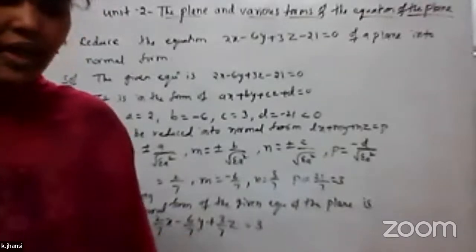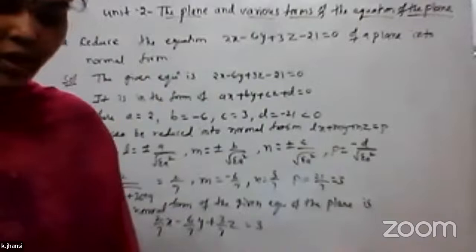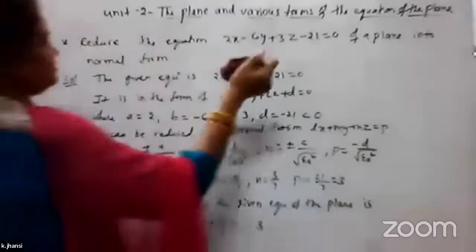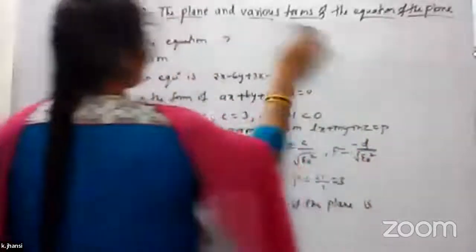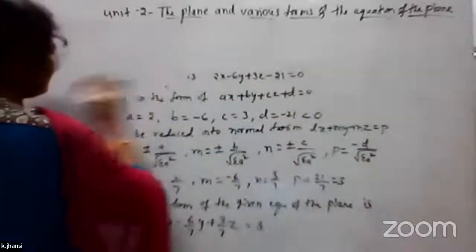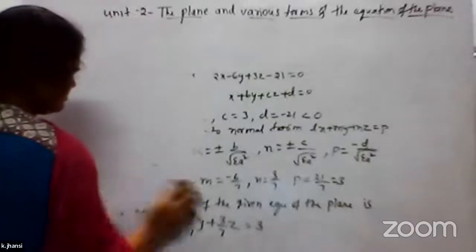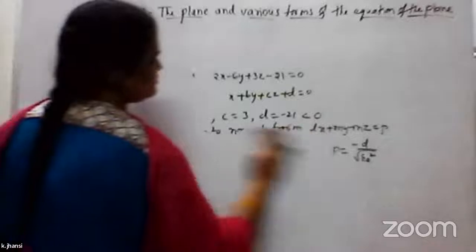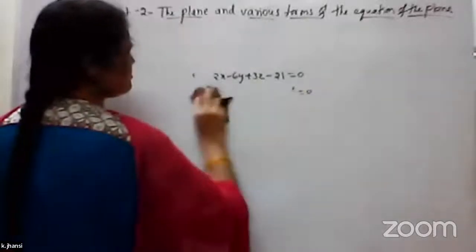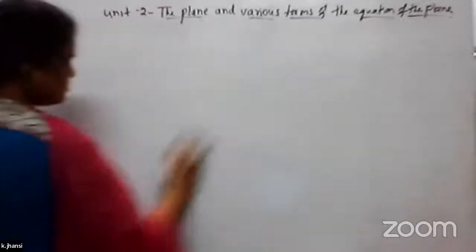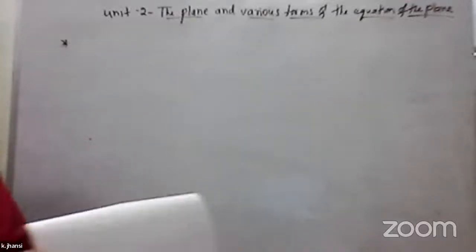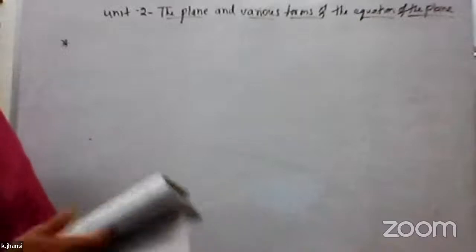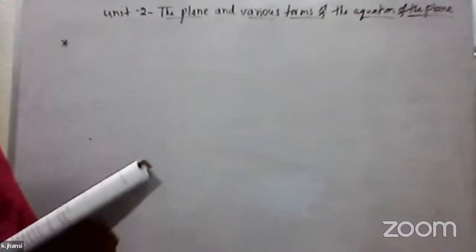Corollary is there, no? The length of the perpendicular from the point x1, y1, z1 to the plane is. For each and every formula, you have one example problem and one check your progress problem. Try to solve all those problems.